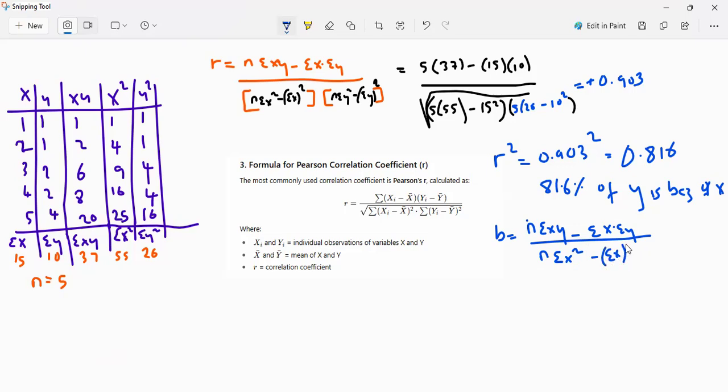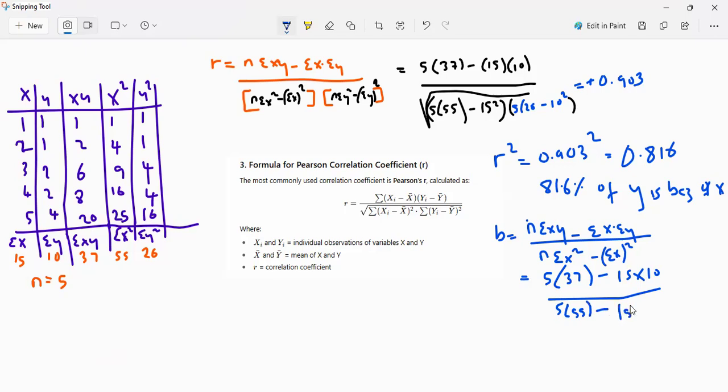Okay. So what do we have here? 5 times 7 minus 15 times 10, over this part on x only: 5 times 55 minus 15 squared.